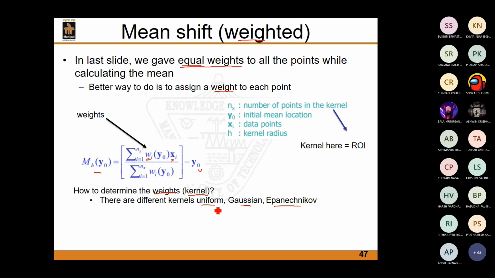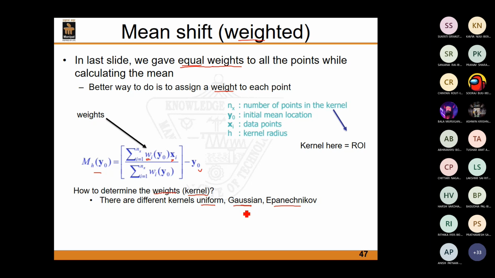Uniform kernel means, as discussed earlier, you may just give a weight of 1 to all the data points, or you can give another weight, but it is uniform throughout all the data points. So when you're taking the average, it becomes a uniformly weighted average. That is, all the data points have equal contribution towards finding the center of mass.